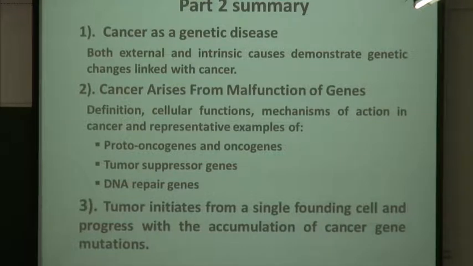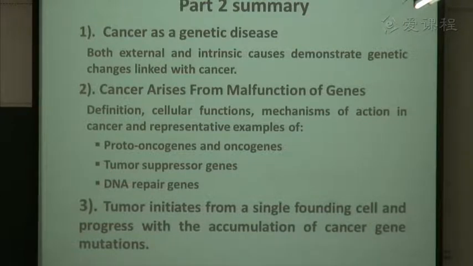And in this part I gave you the definitions of the 3 categories of cancer genes and their cellular functions, and then the mechanism of activation in the case of proto-oncogenes, and the mechanism of inactivation in the case of tumor suppressor genes and DNA repair genes.